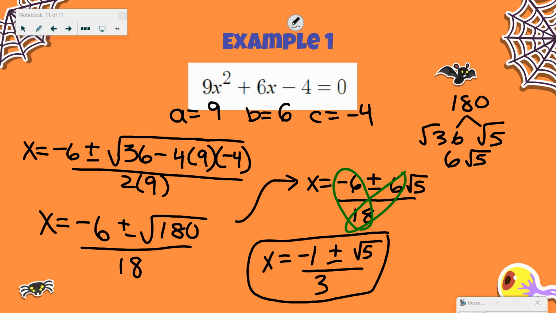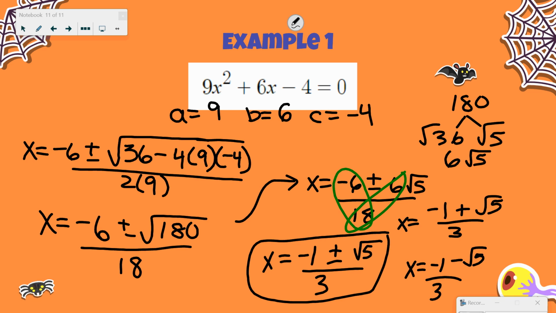Or if you wanted to really show where your two solutions are coming from, your two solutions are negative 1 plus the square root of 5, all divided by 3, and negative 1 minus the square root of 5, all divided by 3. And guys, we're not going to get these ugly decimals. We're going to keep it just like this.